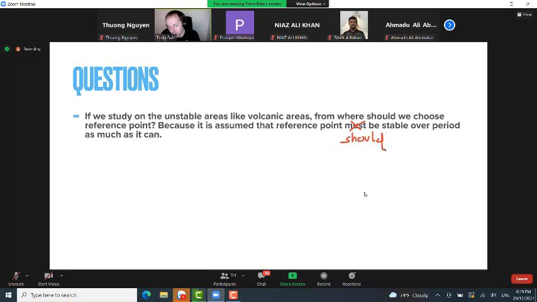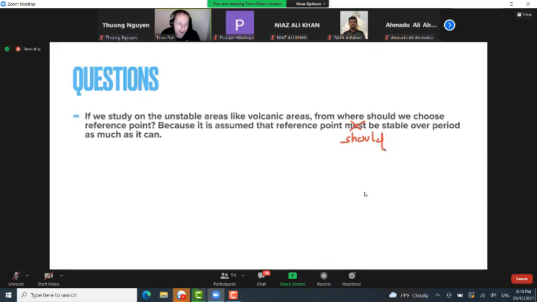What your reference point should not do is shaking. That means it should not have some kind of unstable motion, because then all your measurements are just messed up. If it's stably, slowly going down compared to the rest of the points, it's not such a huge deal.